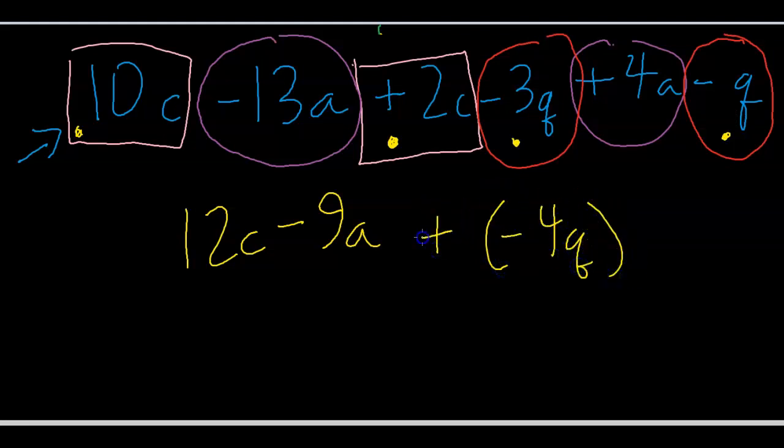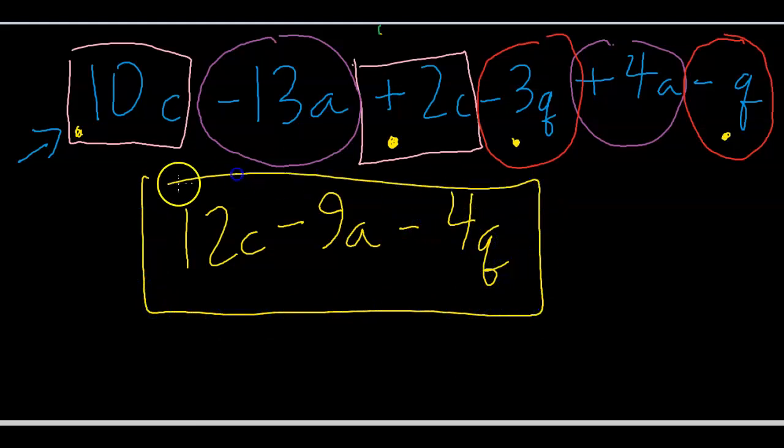We want to add that to our simplified expression because we're adding all these terms together, right? And when you have a term of negative 4q and you try to add it to an expression, how do you add a negative number? You subtract, right? So adding a term of negative 4q is the same as subtracting 4q.